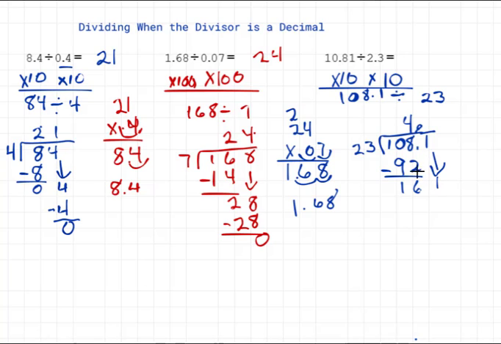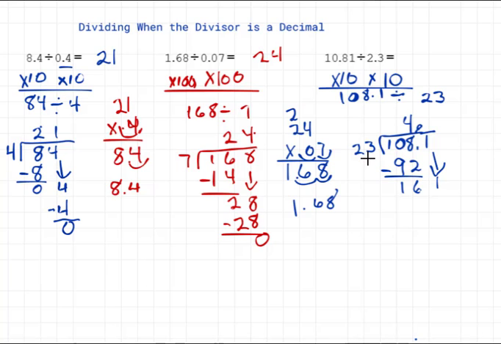So now we want to look at 23 into 161. One of the strategies I use is to ask what number multiplying 3 will give me a 1 in the ones place? 7 times 3 is 21.